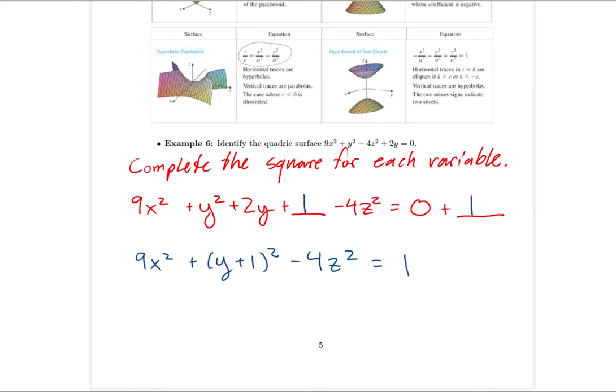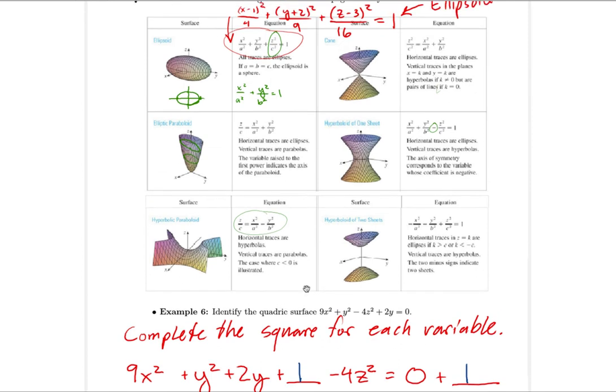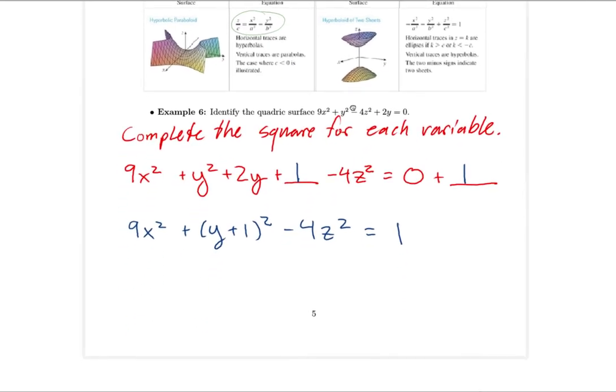And don't let yourself be thrown off by the fact that all of these are being divided by a squared and b squared, right? This still fits into the group because if you really wanted to, you could say that this is x squared over 1/9, right?